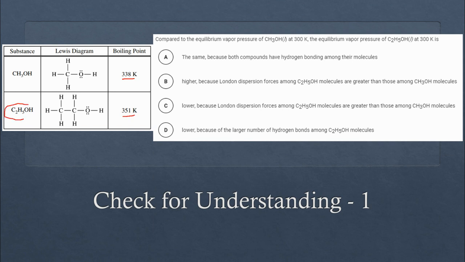C2H5OH has a higher boiling point, which means it takes more energy to pull apart molecules of C2H5OH, ethanol. And so ethanol is going to have a lower vapor pressure because fewer ethanol molecules will be able to be vaporized because of that stronger intermolecular force.